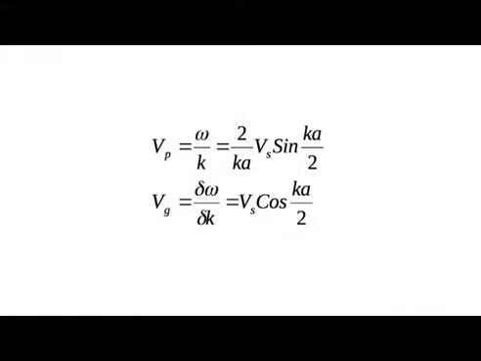What will happen at a higher frequency, or in a general situation? Again we calculate the phase velocity and the group velocity. Here you will see a difference. The phase velocity is equal to 2 by k into Vs into sin k by 2, whereas the group velocity, which is delta omega by delta k, is equal to Vs cos k by 2.